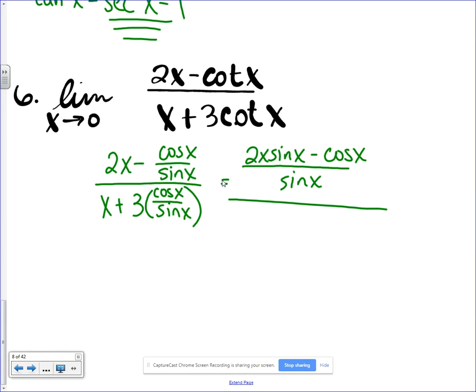Same common denominator in the bottom, right? So this first x needs to be multiplied by sine x plus 3 cos of x all over sine of x. Is everybody okay with me putting that 3 in the numerator? It is 3 over 1, isn't it? So it is going to go in the numerator. Now I just have to flip and multiply.